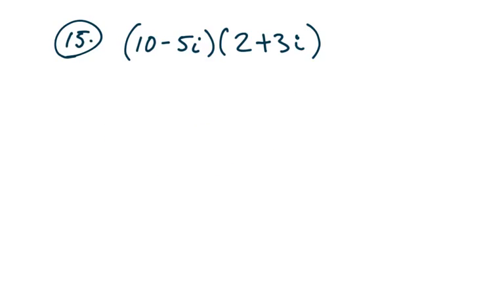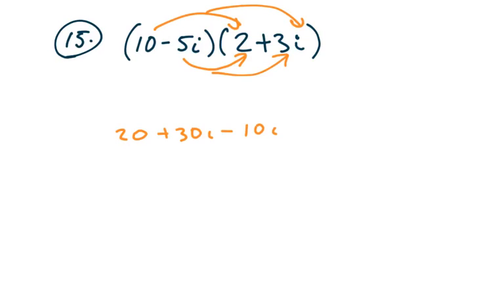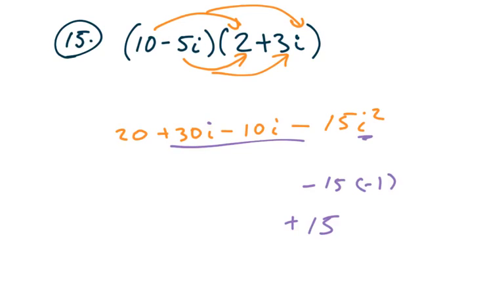And 15, this is where we start to get to the real interesting stuff. We're going to FOIL here. So foiling gives me 20 plus 30i minus 10i minus 15i squared. i squared is negative 1, which breaks down to plus 15. 30i minus 10i is 20i, and the front part is 20.